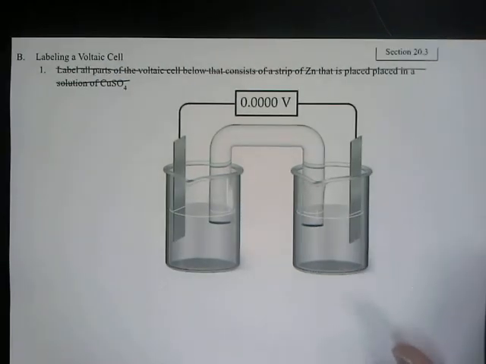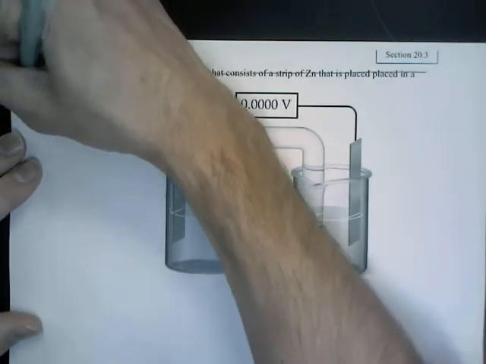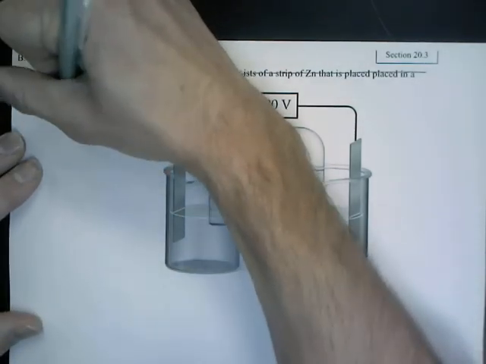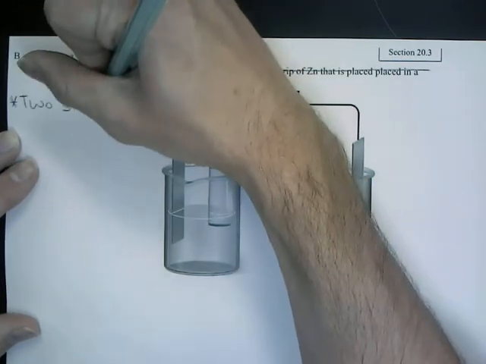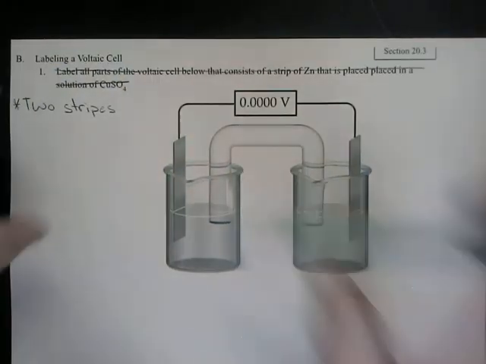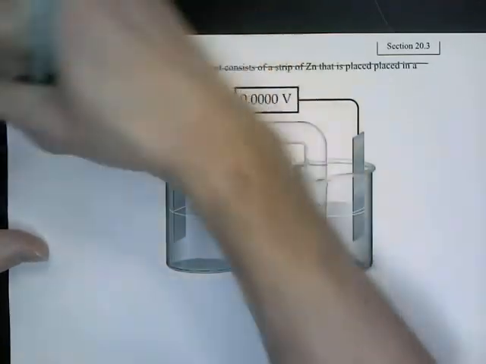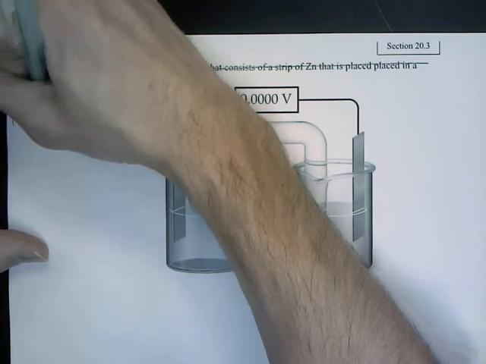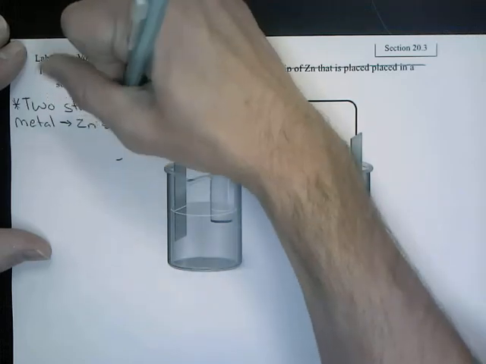Okay, so what we need to think about here is our strips of metal. So we have two strips of metal, and these strips of metal are going to be zinc and copper.